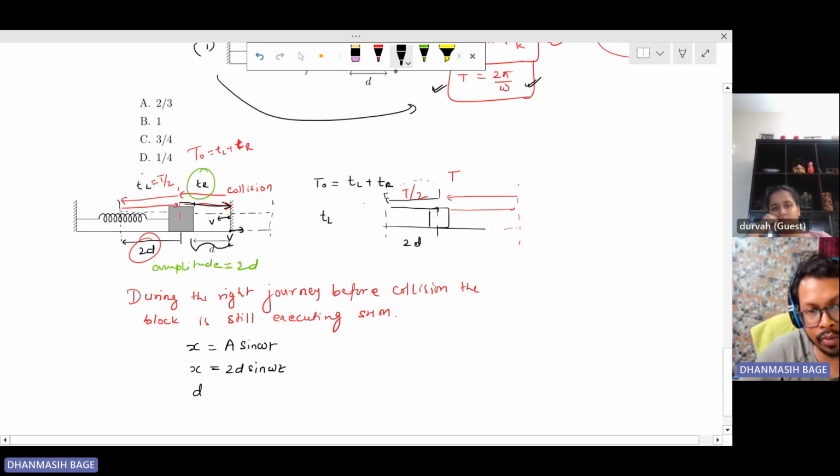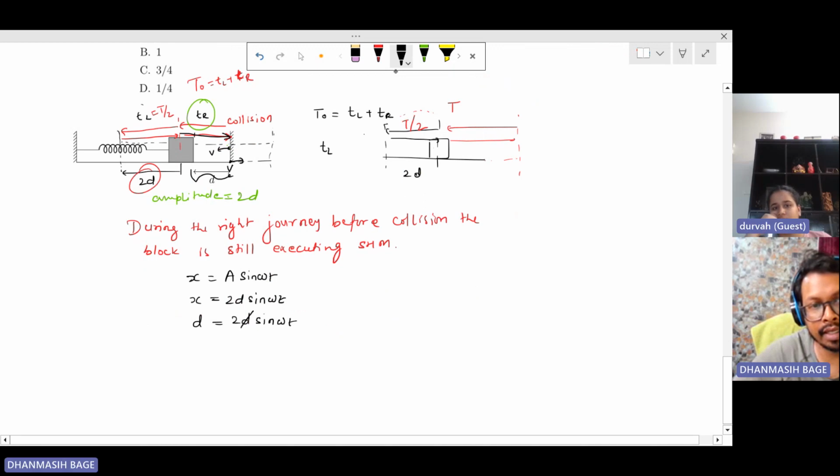So when x is equal to d, what is the time elapsed? We can find out from this formula. Just see this thing. How I did it is the most important thing. Then sine omega t is equal to simply 1 over 2.